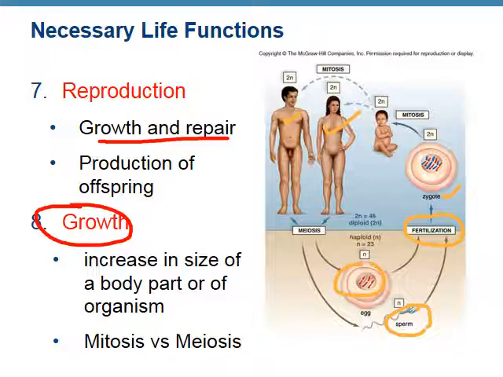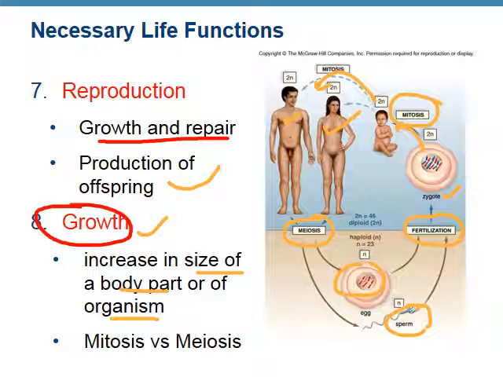Now this one cell, this is only one cell, it has to grow up into an adolescent and then eventually has to grow into an adult. So if we're talking just growth, we're talking increasing the size of a body part or an organism, then we're talking about mitosis. If we're talking about producing offspring, we're now talking about meiosis.